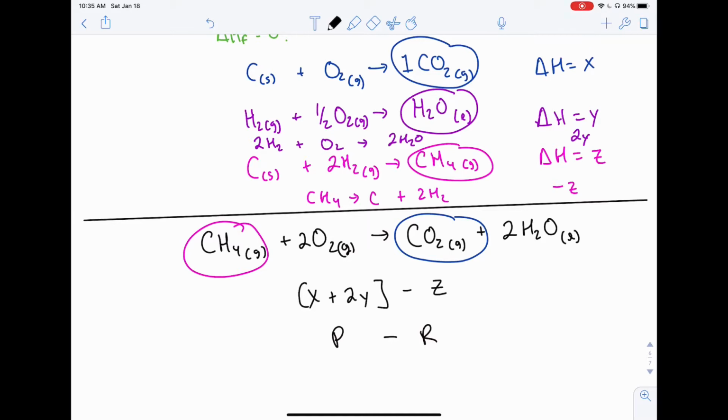The product side. So any value of delta H that is a product in your overall reaction stays the same sign. And every value that's a reactant in your overall reaction becomes negative. So if you know the definition of enthalpy of formation, you don't have to memorize products minus reactants because everything you want is on the product side. So that goes, okay, it's products minus reactants. That's how I teach it.